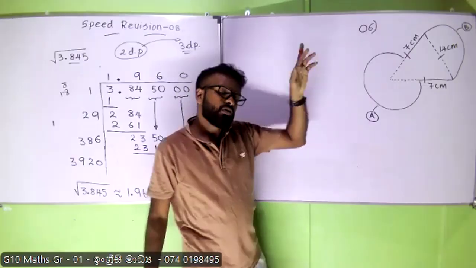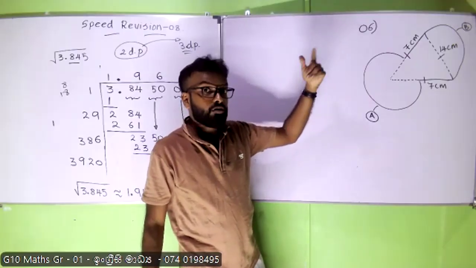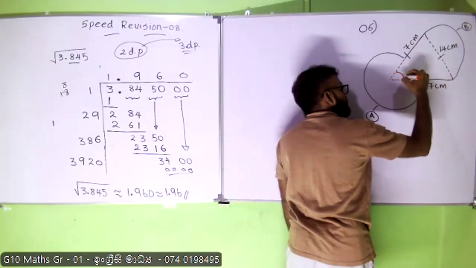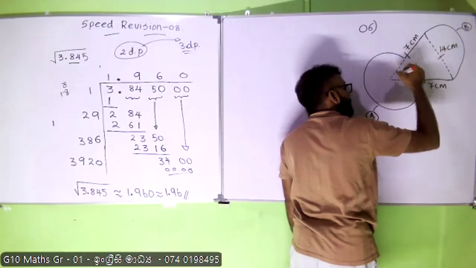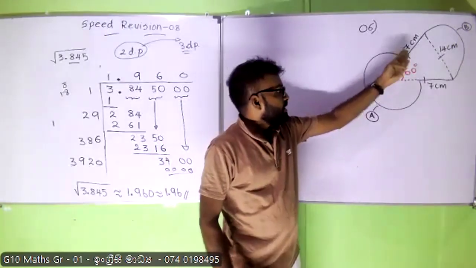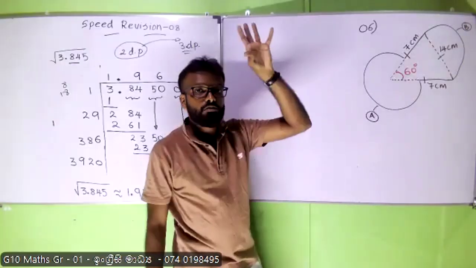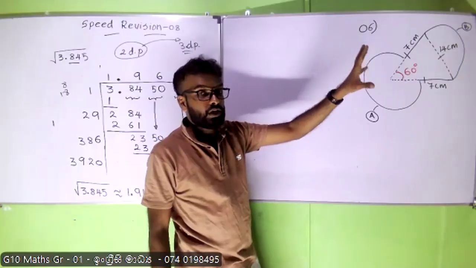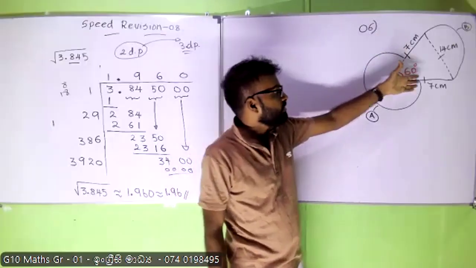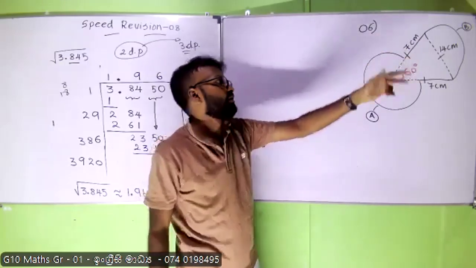If the 3 sides are equal, the interior angles will be equal too. So I can take this angle as 60 degrees, because they have given us this side equals this side equals this side. By that property, we can conclude the interior angles of this triangle are 60 degrees because it is an equilateral triangle.